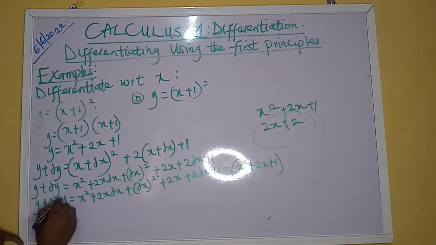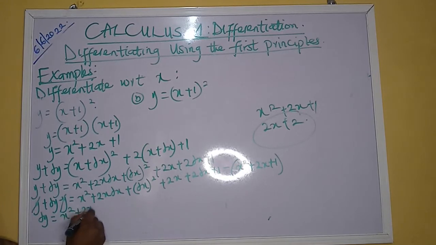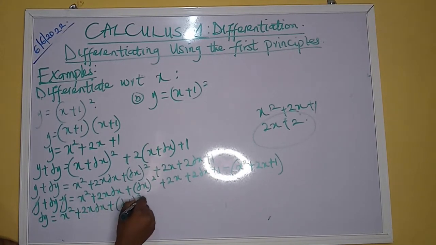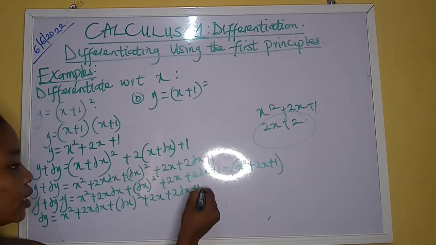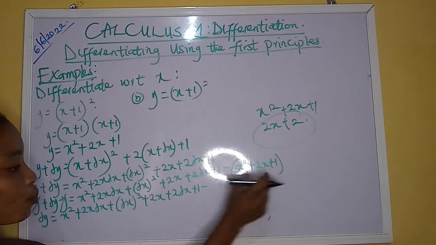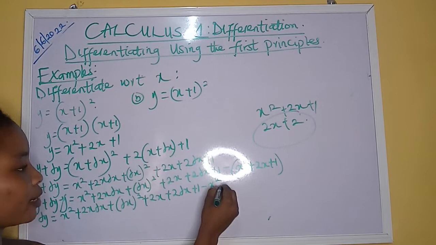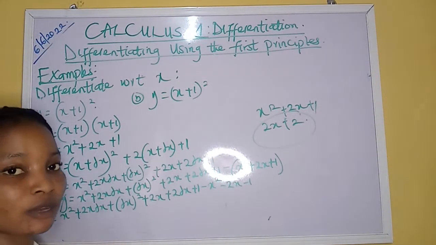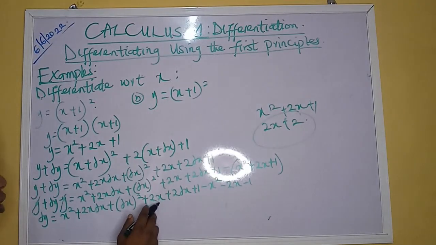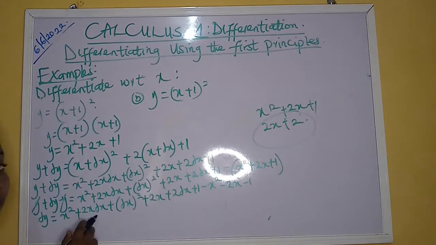This cancels out this. So we have dy gives you x squared plus 2x dx plus dx squared plus 2x plus 2dx plus 1. When you use the minus to open up the bracket, you have minus x squared minus 2x minus 1.